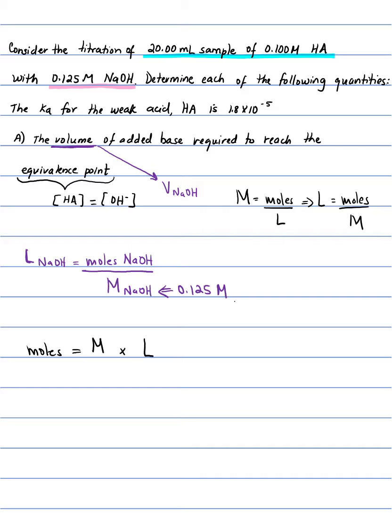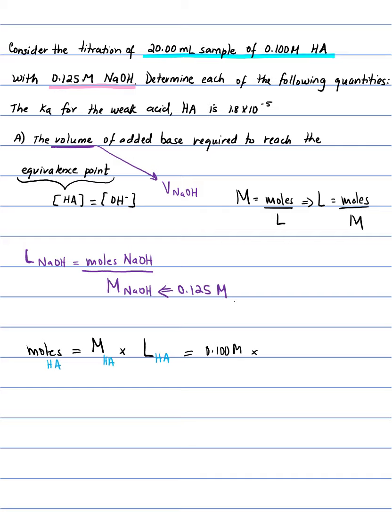So you can actually calculate the moles of the acid if you have the molarity of your acid and the volume of the acid, which you do. So the molarity of your acid is 0.100 and the volume is 20 milliliters, but you need that volume in liters.